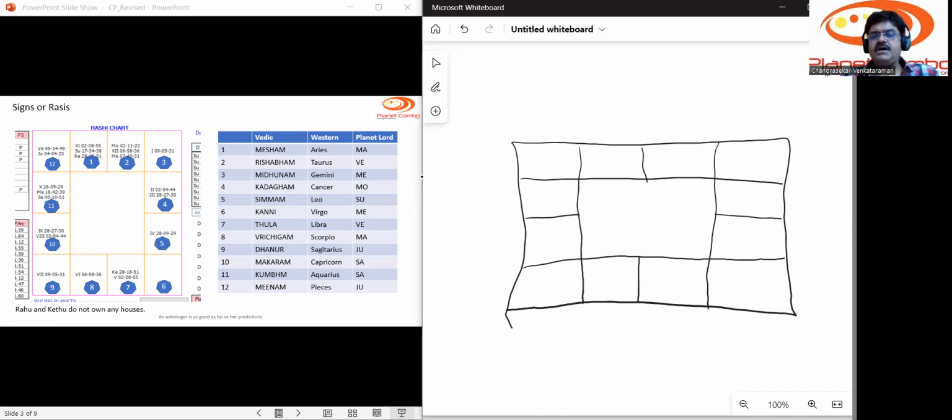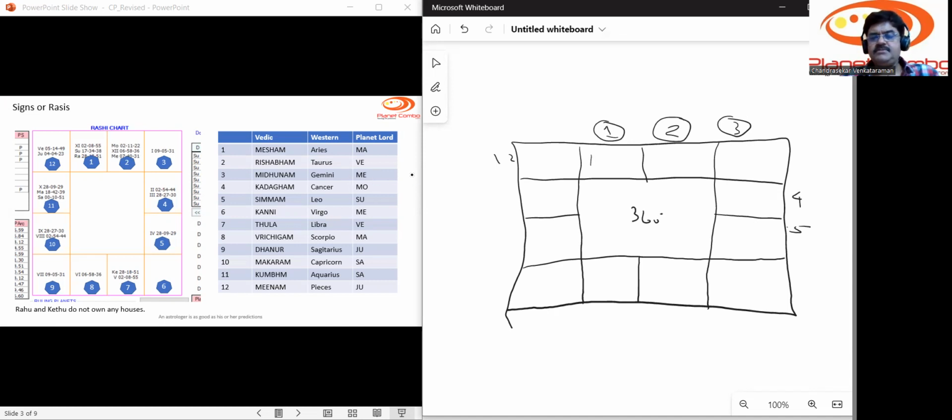This is the start of an astronomical circle. Normally this is house 1, then house 2, house 3, 4, 5, 6, and this becomes house 12. This is how the numbering is done. It's 360 degrees, and each house has a name, and each name is listed on the slide.